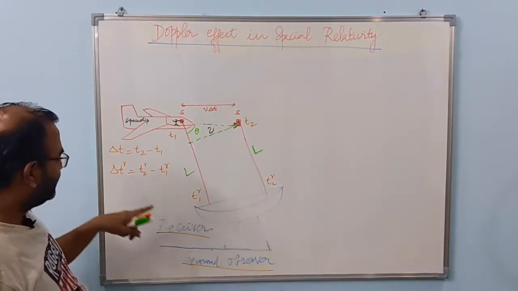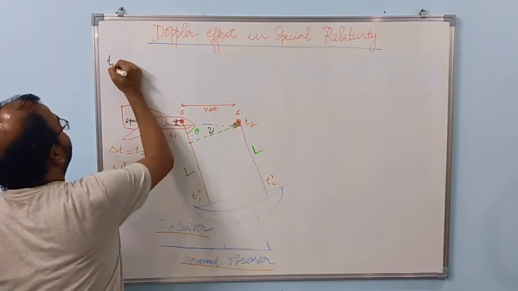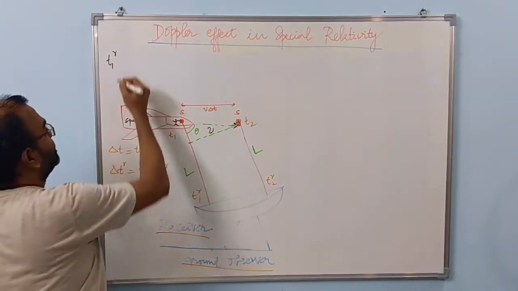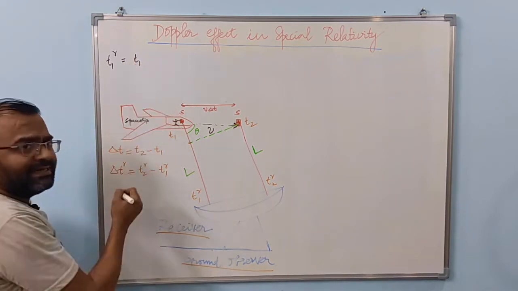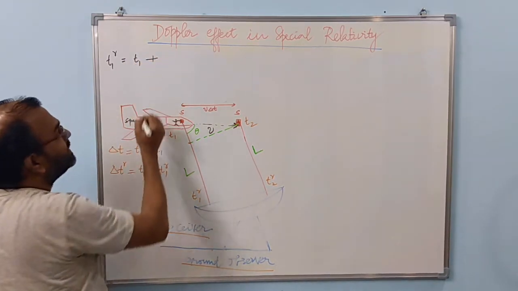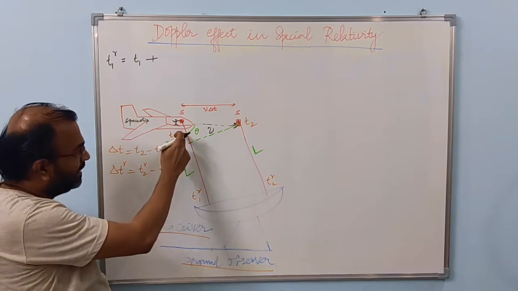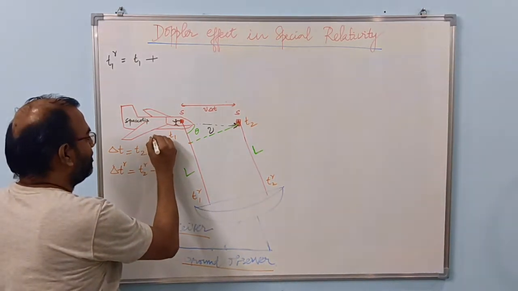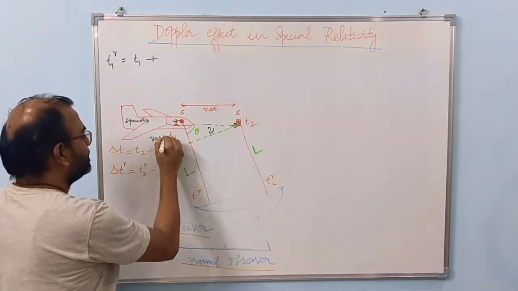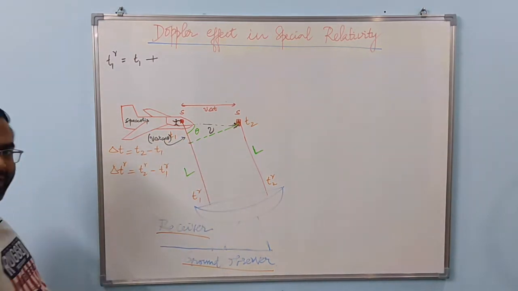Now we can say that the time t1r at which the first signal is received by the ground observer must be equal to the time t1 at which the signal was sent plus the time taken for the signal to travel this distance, L plus V del t cos theta. This is this particular extra distance, right?